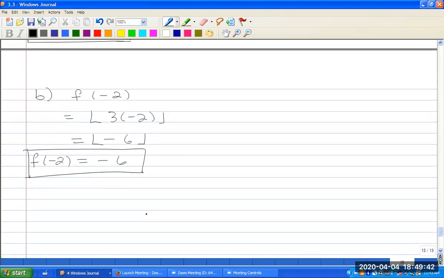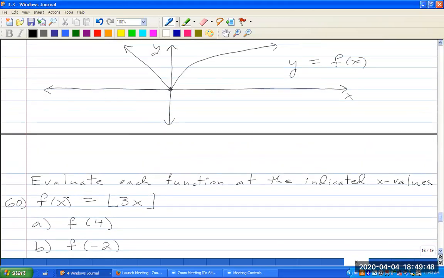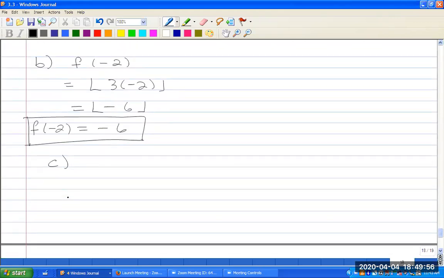Let me do part C. So for part C, I want to figure out f at -1.2. So this is going to equal 3 times -1.2, which is -3.6.